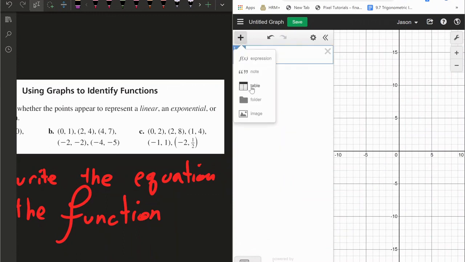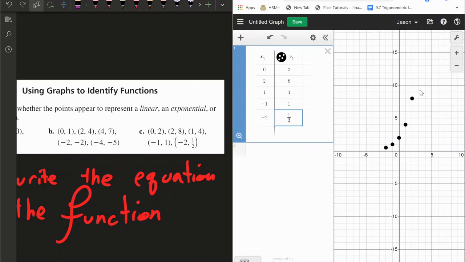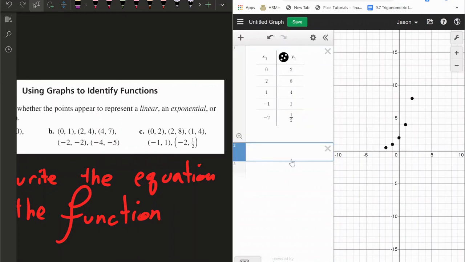So again, let's create a table: 0, 2, 2, 8, 1, 4, negative 1, positive 1, negative 2, 1/2. Okay, so now here I'm seeing a pretty clear exponential. That means I want to use y equals a times b to the x power.